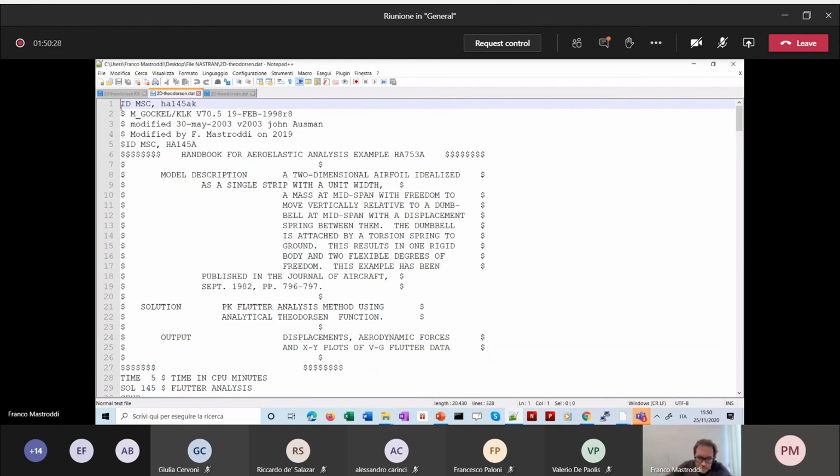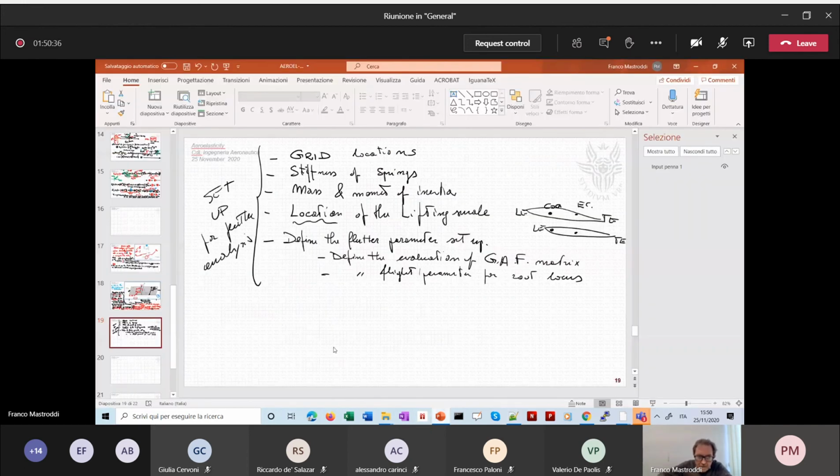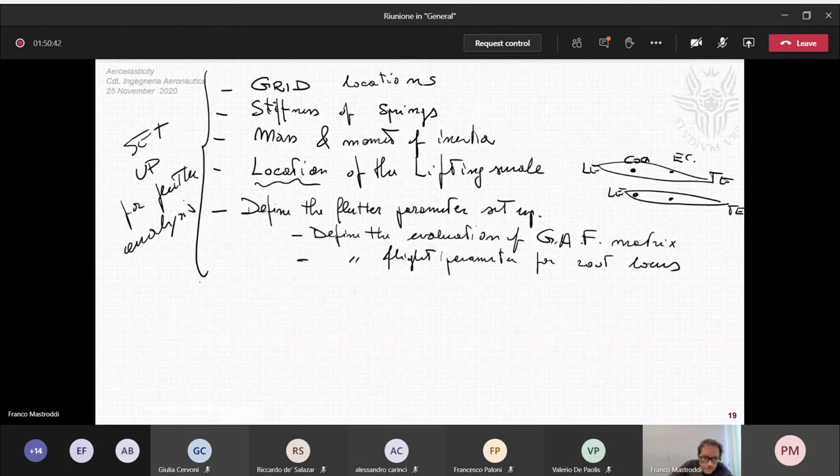But I have just to introduce the fundamental concepts of this data structure, in particular the Nastran input file we are going to use.